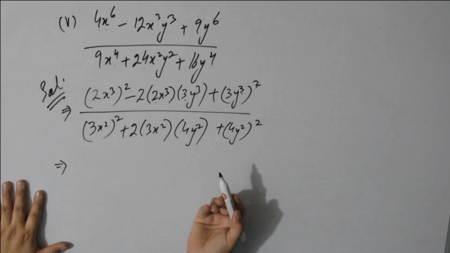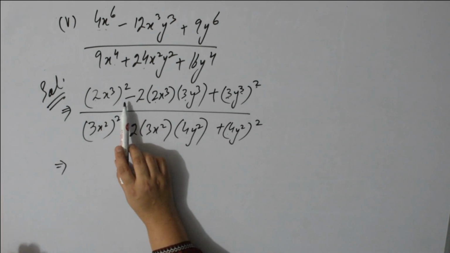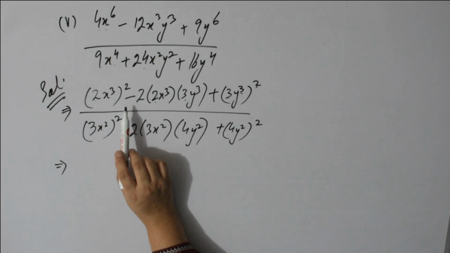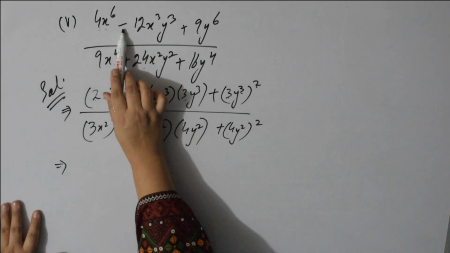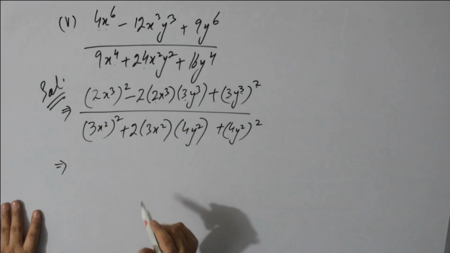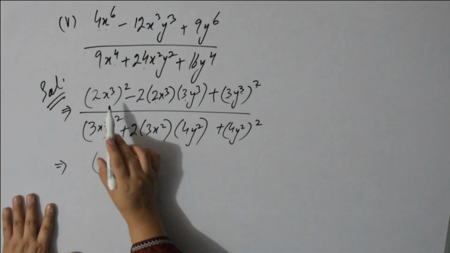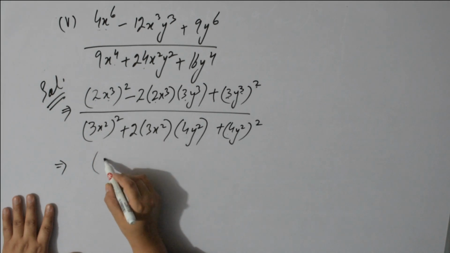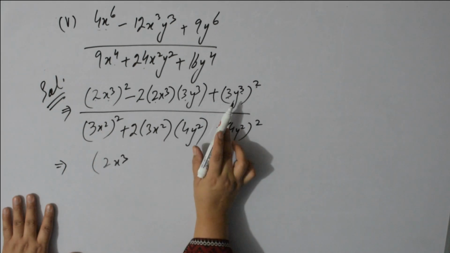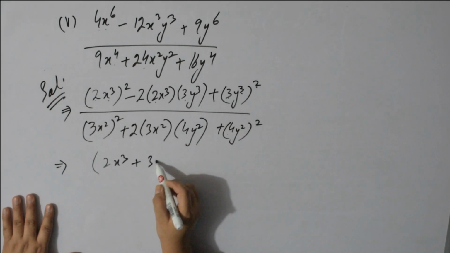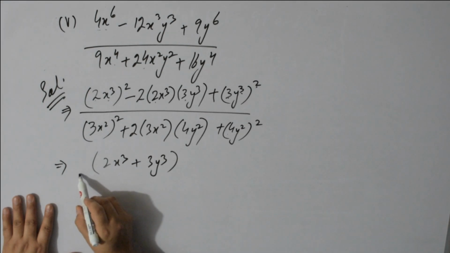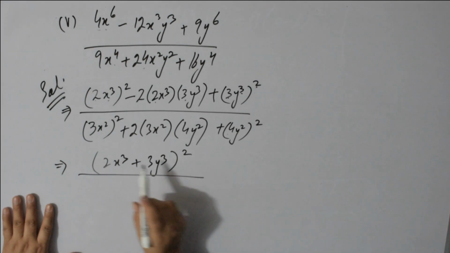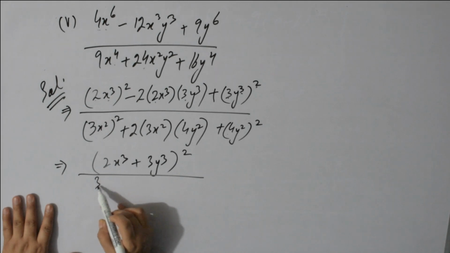So just close the formula. In the numerator I am applying a minus b, right, and in the denominator it's a plus b, because you see a negative and a positive sign with the middle term. So what is a? Obviously 2x³, this is a. What is b? This is b, 3y³ whole square. In the denominator what is a?